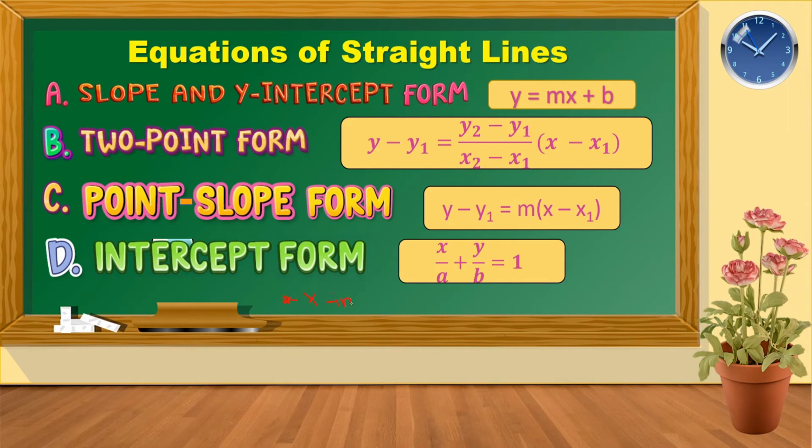Okay? So, ang A natin is x-intercept. So, ang ibang libro o ang ibang problems, ang ginagamit nila ay A instead of x-intercept. Okay? And for the value of b, b is our y-intercept. Okay.